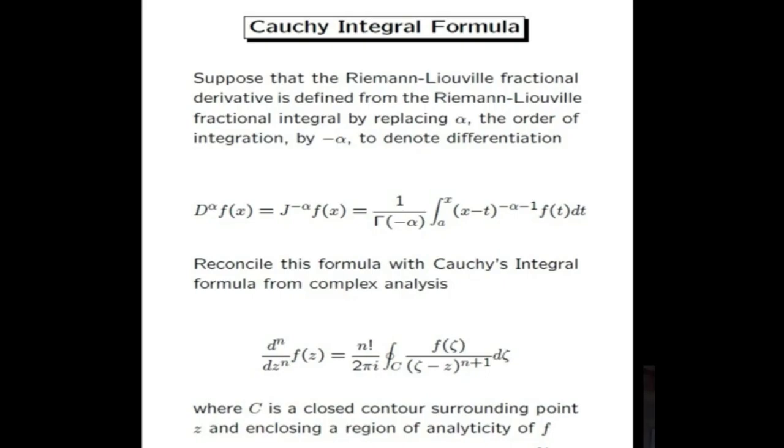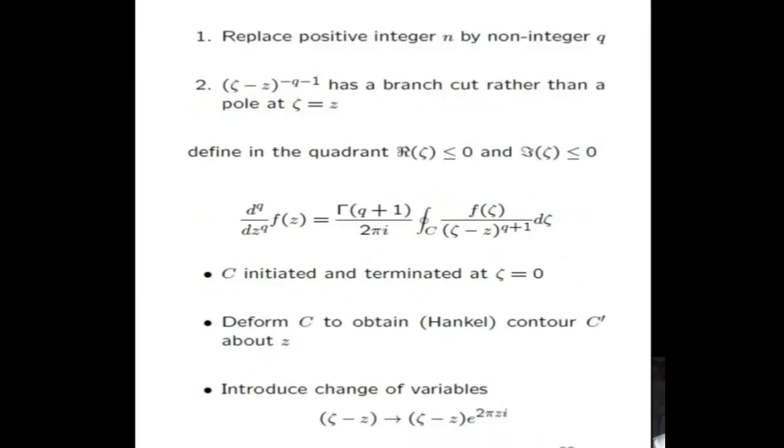Okay, we reconcile this with Cauchy's complex integral formula by replacing this factorial with the gamma correspondent and deforming this contour C into the Hankel contour, right? So what this contour does, it rotates the contour with winding number 1 in the clockwise direction, so that we get a result where the expression in gamma is negative q.